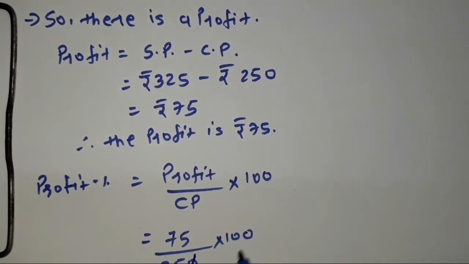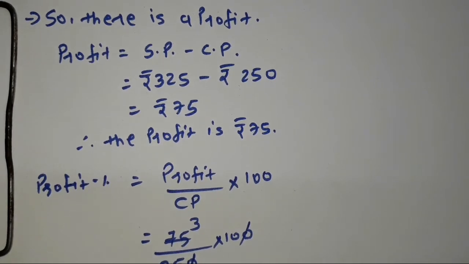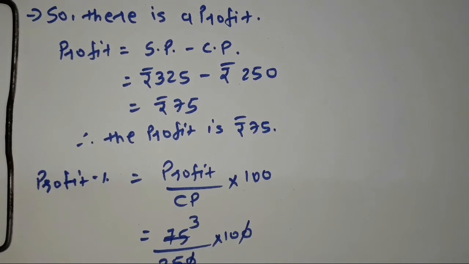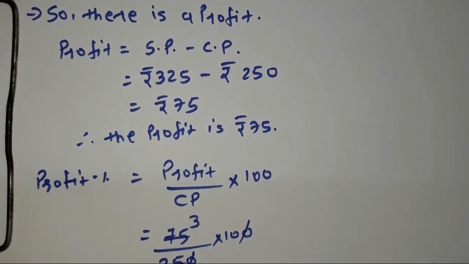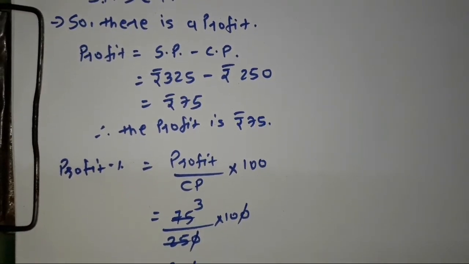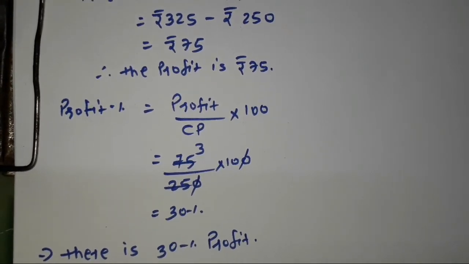Here this 0 will be cancelled. 25 threes are 75. So 3 times 10 is 30%. So here we can write at the last that there is a 30% profit. This is how we have to solve this type of example. To solve this type of example, the only thing we need is to understand the method and follow the simple steps.